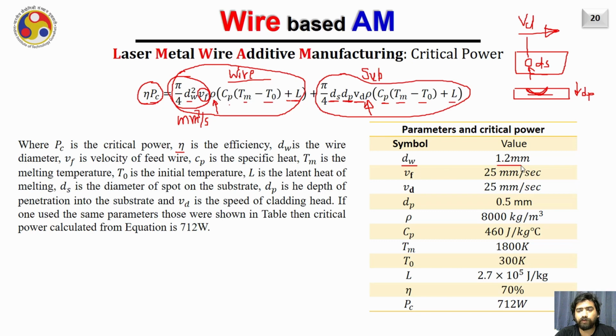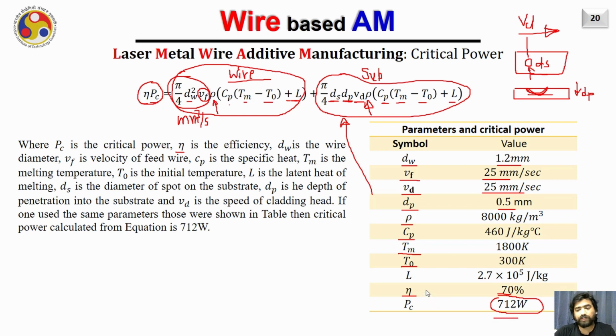If I am using a wire of diameter 1.2 mm with wire feed rate of 25 mm per second and with the deposition scanning velocity of 25 mm per second, if we require the penetration depth of 0.5 mm, density of the material is 8000 kg per meter cube, the specific heat is 460 joule per kg degree centigrade, melting point of the material is 1800 Kelvin, the initial temperature of the wire and the substrate is 300 Kelvin, latent heat of melting is 2.7 into 10 to the power 5 joule per kg, efficiency is 70%, and hence by utilizing this formula we can find out the minimum power required for this deposition process, and it is coming to be around 712 watt.